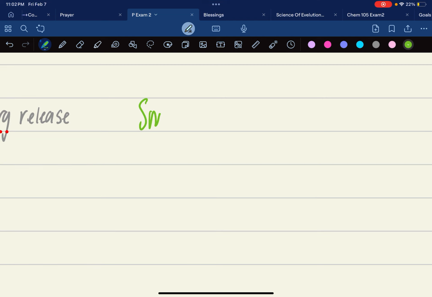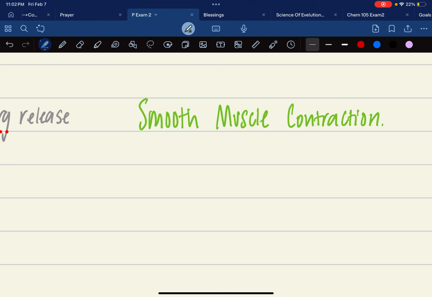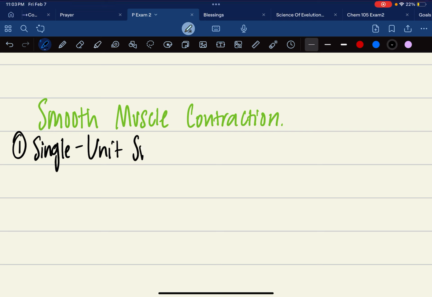For the smooth muscle contraction, first we have the single unit smooth muscle.